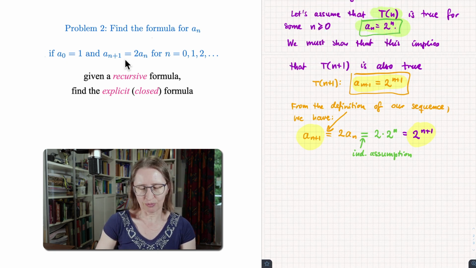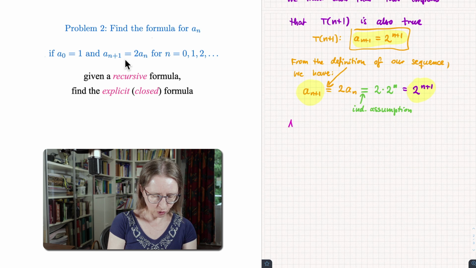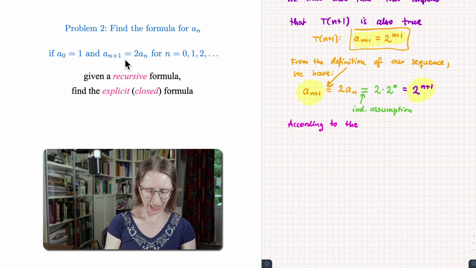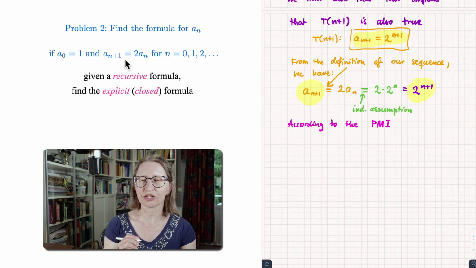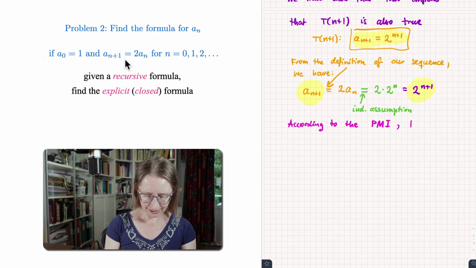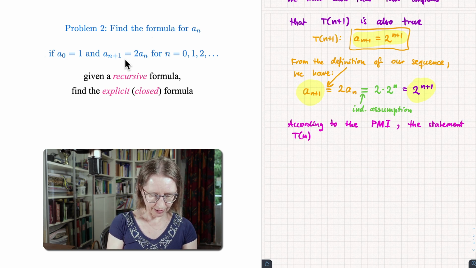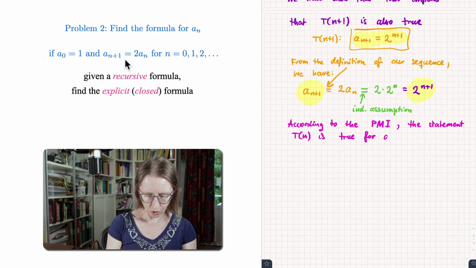And this means that according to the principle of mathematical induction, PMI, the statement T of n is true for all natural n.